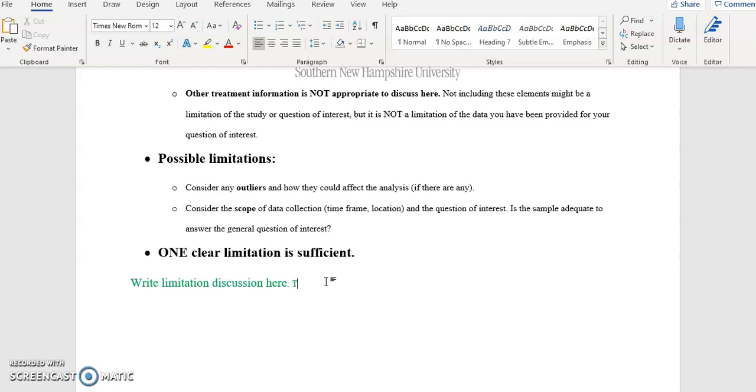I have an outlier. The outlier could lower the means and increase the standard deviations unduly.